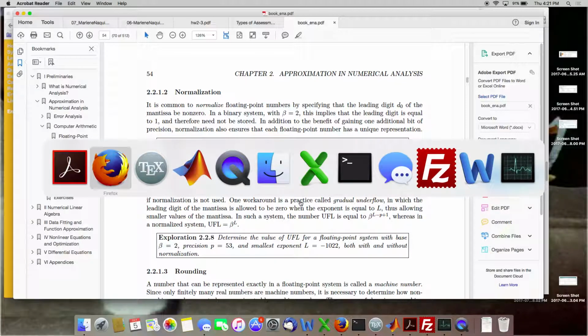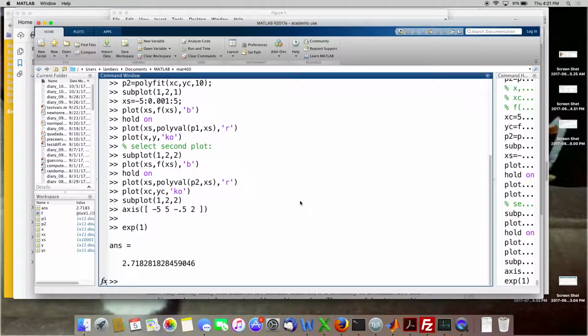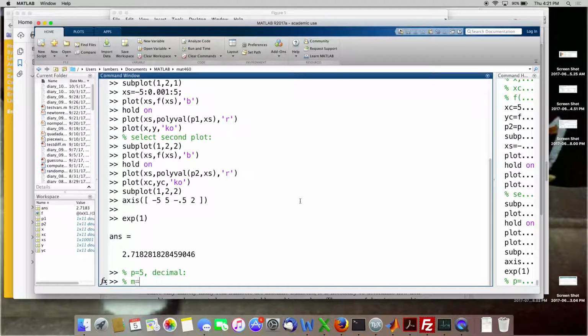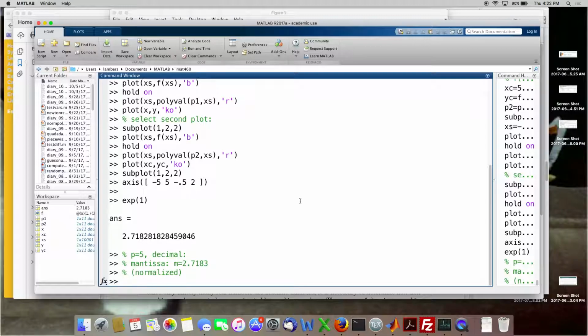So, for example, if I choose a different number, e, if P equals 5 in the decimal system, my mantissa M would be, and I'm rounding, 2.7183. That's in the case where I go with a normalized number, leading digit non-zero.